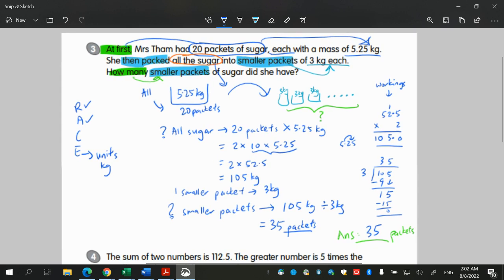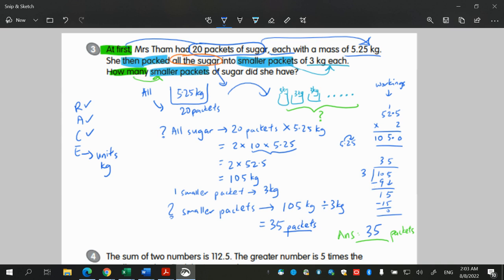Now let me do a quick check if I got this right. First, let me check the working. 105 divided by 3, let me check my regrouping if it's correct. 35 packets.